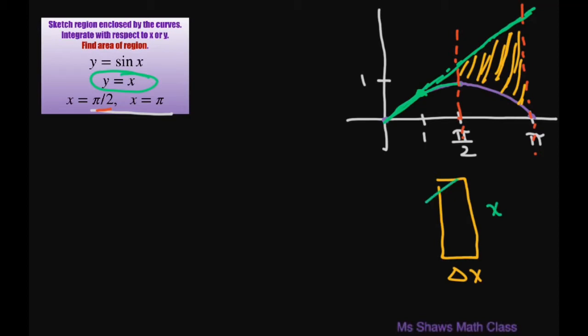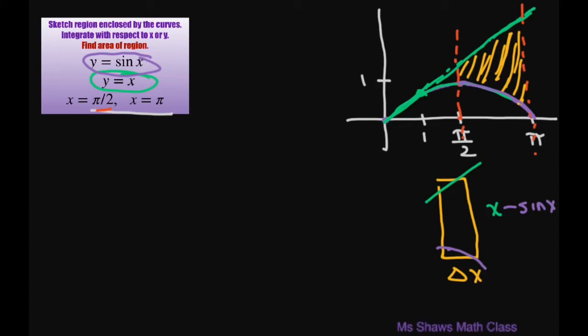It kind of looks like that if I put a little rectangle inside there. And my lower boundary is this purple line, so that would be more like this. So you're going from top to bottom. The purple one is sine of x, so you're going to do x minus sine of x.